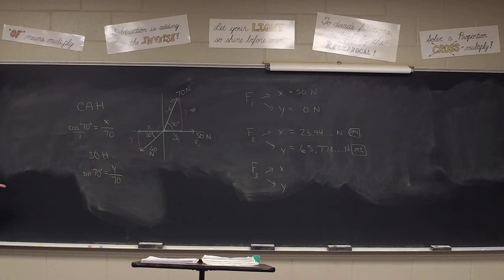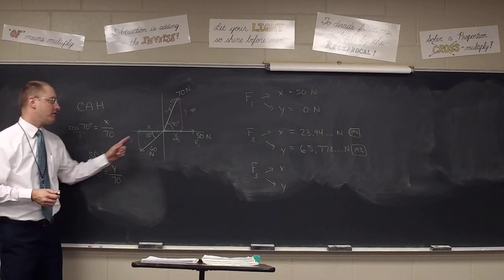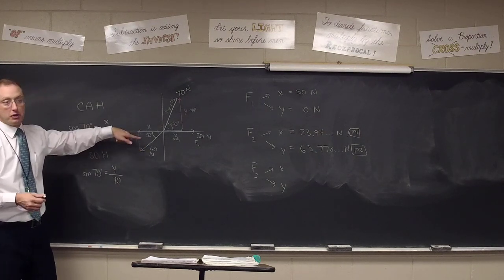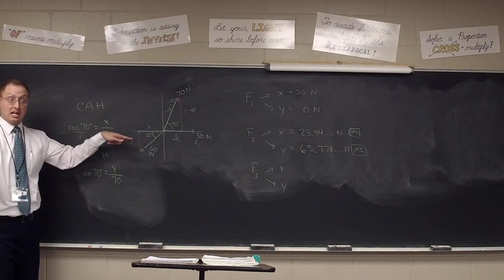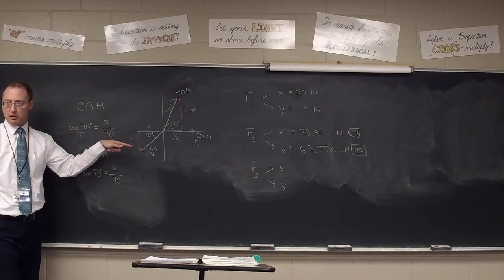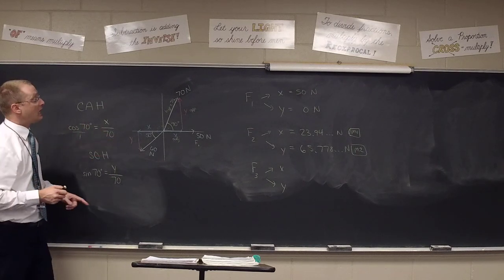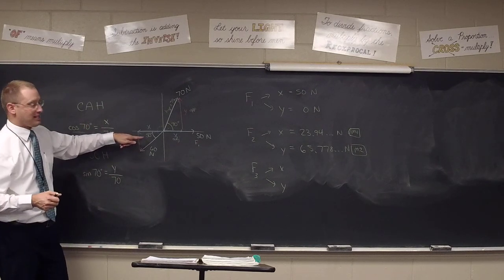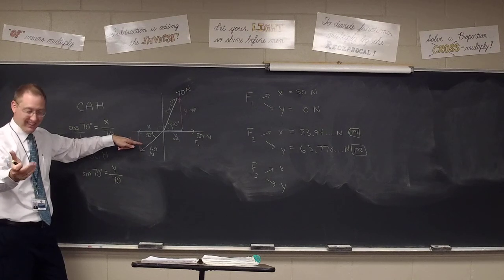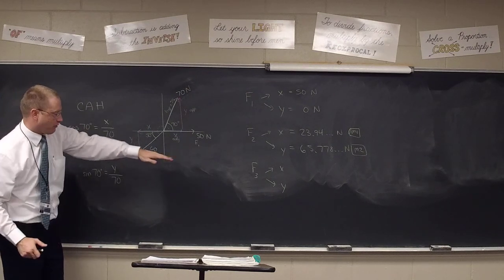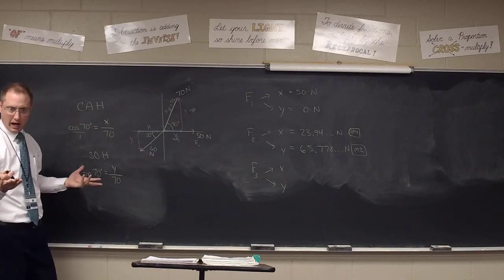Does that make sense? If you use 50. Now, if you used the 230 ASTC, sine and cosine are both going to come out negative already. So if we just use the 230-degree angle, you're already going to get the negatives. If you go off the 50-degree angle, which makes a little bit more sense for a right triangle, we're going to have to put a negative on whatever we get for x and put a negative on whatever we get for y. Does that make sense?